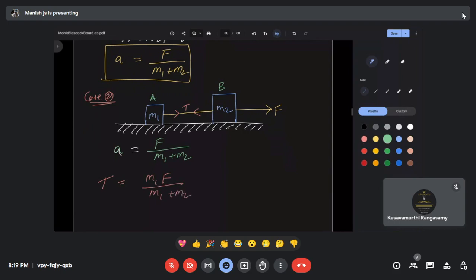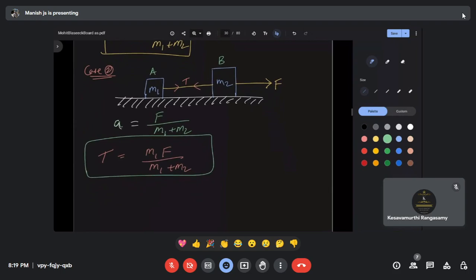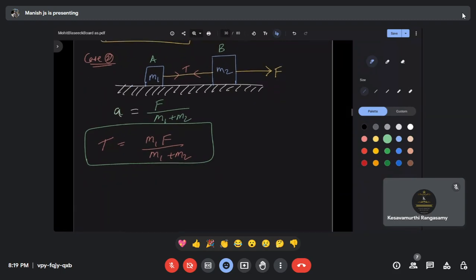Whenever you have systems that are connected together, you can apply this formula, and you can get the relation for tension, because you can see the tension remains the same because it's one single rope that is connected. Okay, simple. So these are the relations for case 2.